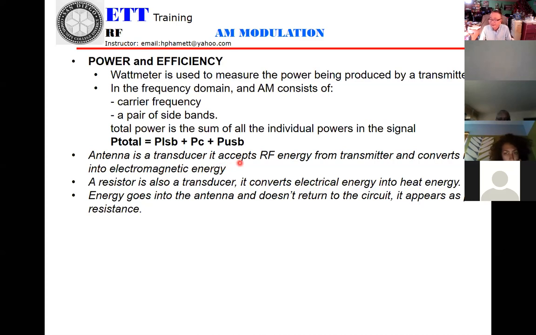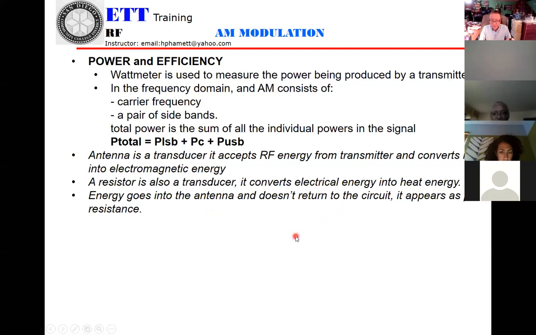It accepts RF energy from the transmitter and converts it into electromagnetic energy when they transfer. And a resistor is also a transducer, like I just told you. It converts electrical energy into heat energy. Energy goes into the antenna and doesn't return to the circuitry.